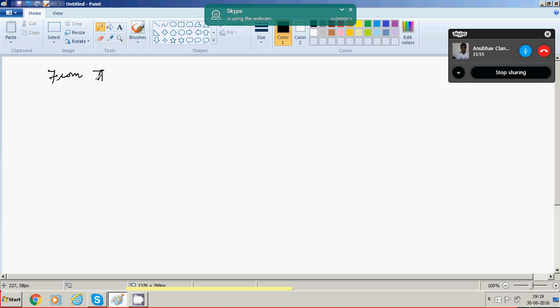Okay, so from 2 and 3, a times alpha plus gamma plus b equal to 0.